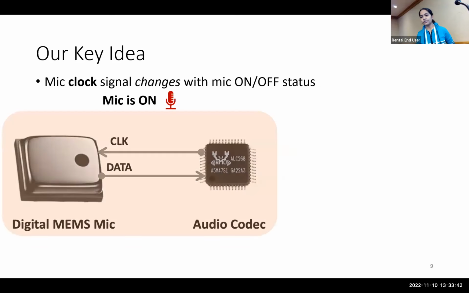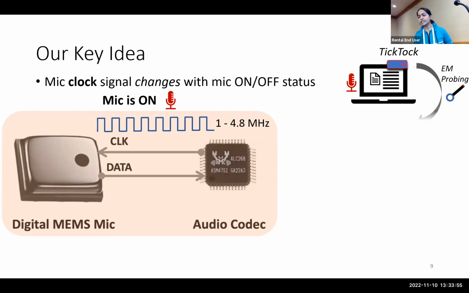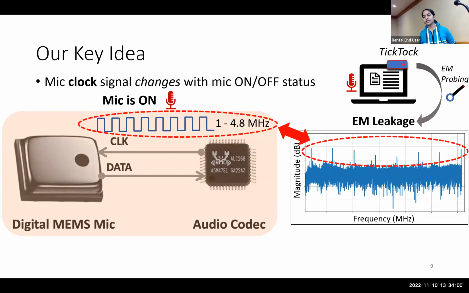So to give you a quick idea of how this happens, when the microphone is on, we observe that the clock frequency provided to the mic is typically in the order of lower megahertz, and this is required for the proper functioning of the microphone. So if we look at the corresponding electromagnetic leakage coming out of the laptop, we see that there is a correspondence in energy leaked for that particular frequency.